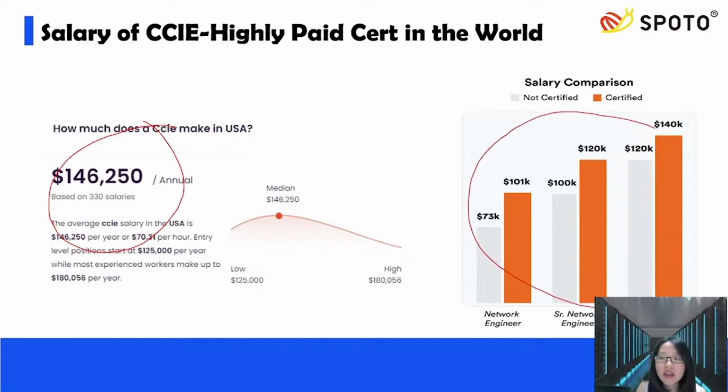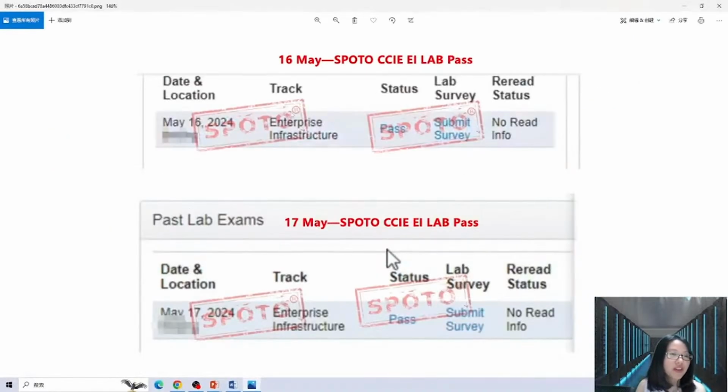And you can see from the right chart, there are huge gaps in salary between certified and non-certified professionals. People with CCIE certification earn almost 20% more than the non-certified. So you can get the idea of why CCIE is so popular, and why our students want to achieve this CCIE EI certification.